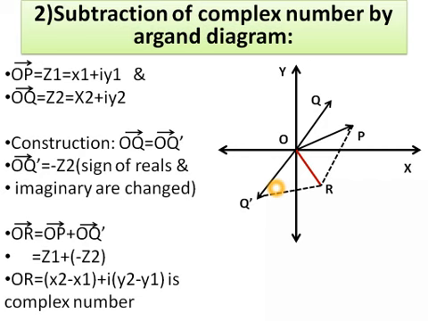Of course, the law of parallelogram tells us that the diagonal of this parallelogram gives the addition of its adjacent sides. So the resultant of their addition, or the diagonal, has been represented here by point OR in this particular diagram. So OR is nothing but OP plus OQ dash, according to the law of parallelogram.